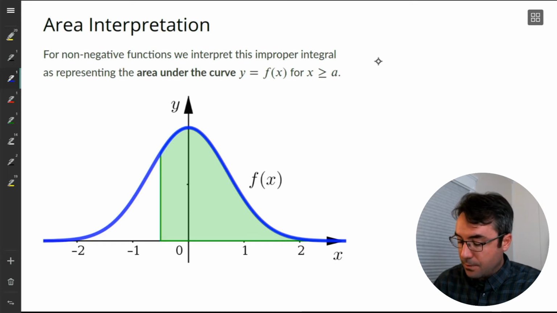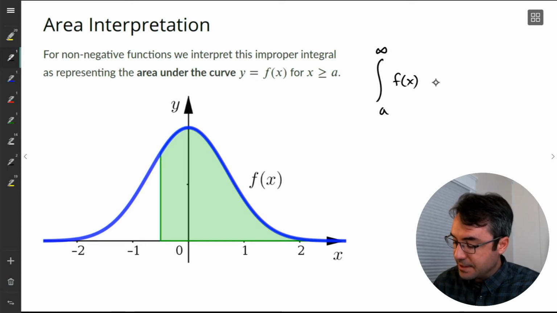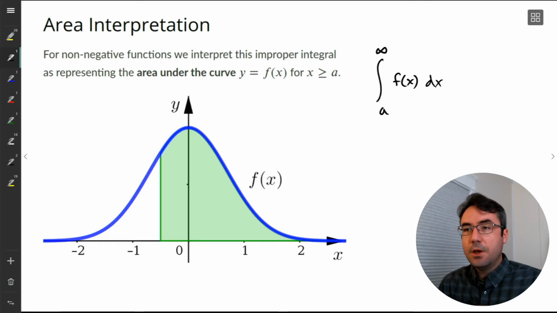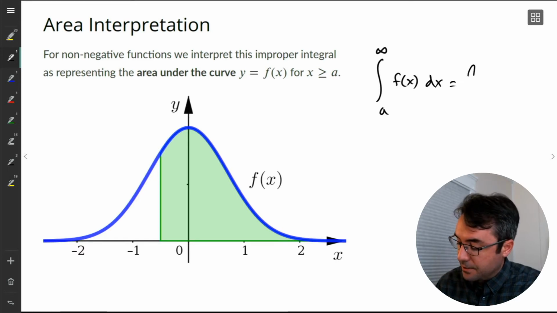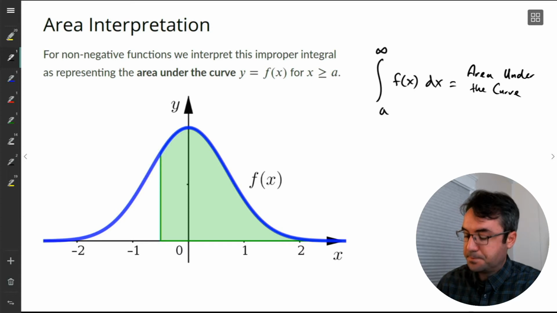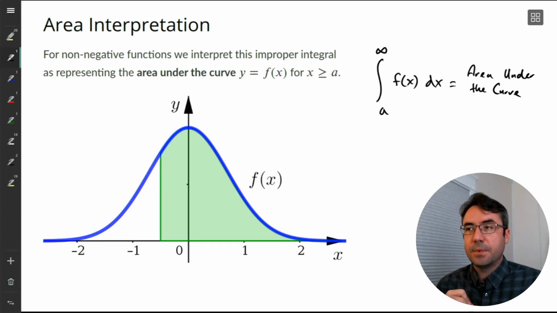So when we write and calculate the integral from a to infinity of f of x dx, if that limit exists, we can think of that as the area under the curve. And that's for a function that doesn't go below the x-axis.